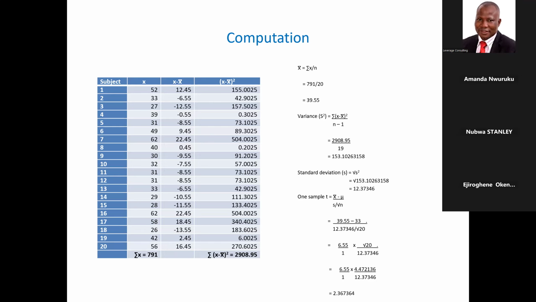This third column, X minus X bar, is the deviation from the mean. X minus X bar means deviation from the mean. That is the difference between each value and the mean. Mind you, as many as are positive will be balanced by negatives, because the mean is in the middle, the average.